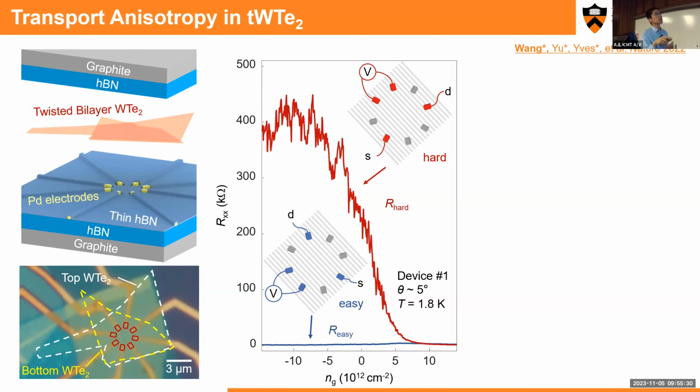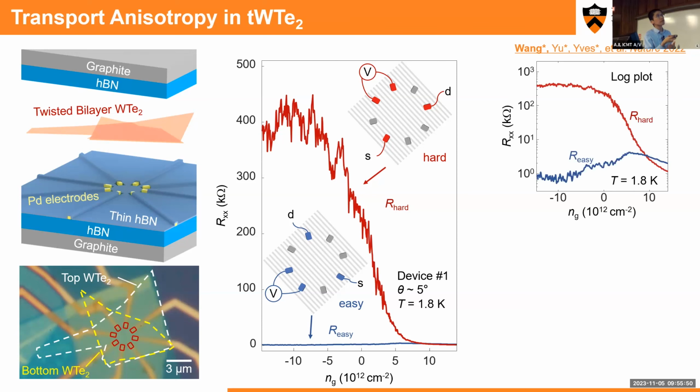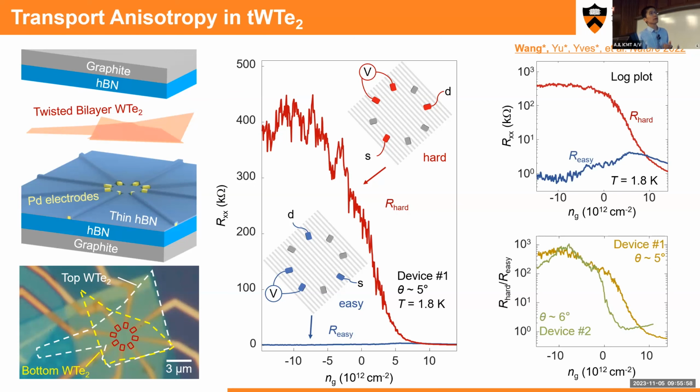When we send the current along this direction, it shows dramatically high resistance, and when we send the current along the orthogonal orientation, it shows very low resistance. This can also be verified by plotting it as a log plot, because here it is not 0, it's actually around a kilo ohm.